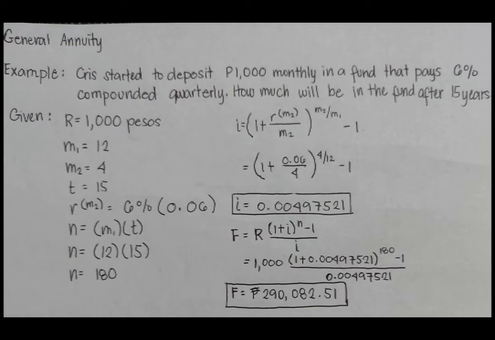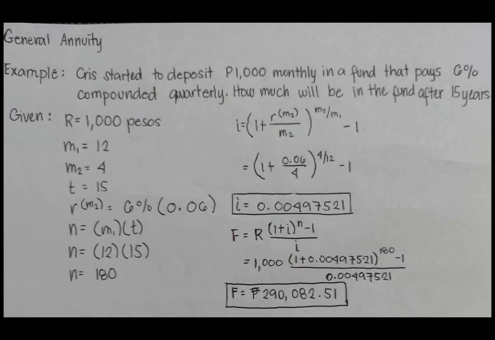Then after that, before we get the future value, we need to get the equivalent rate. So we have here the formula of equivalent rates: 1 plus the nominal rate over M sub 2, raised to the power of M sub 2 over M sub 1, minus 1. So we need to substitute the given. So we have here our equivalent rate equal to 0.00497521.